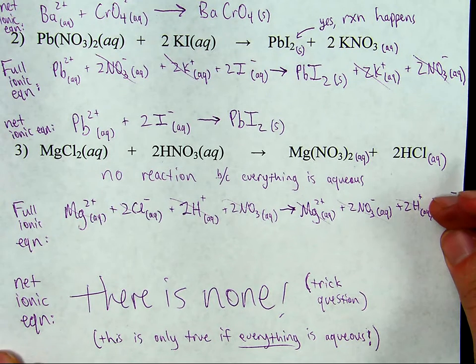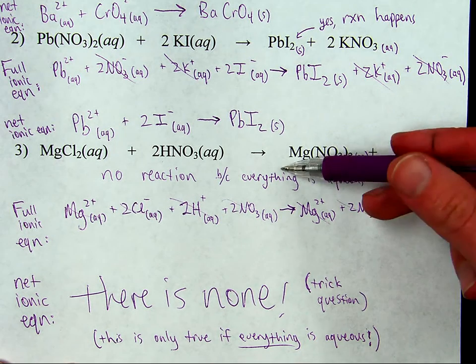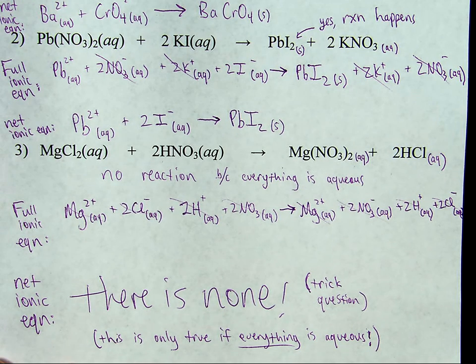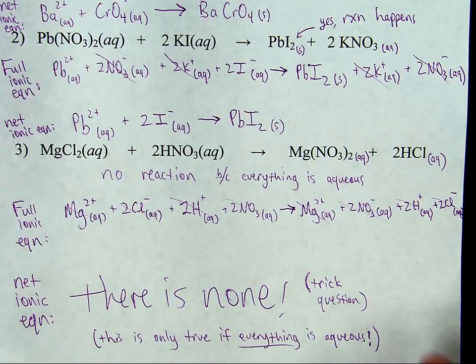You're only going to have no net ionic equation if everything is aqueous throughout the entire equation, which means no reaction because everything is aqueous. Alright? So there's 3 examples. Use your notes, worksheets, and textbook as a source for more practice, not to mention everything out there on the internet. Alrighty, happy studies.